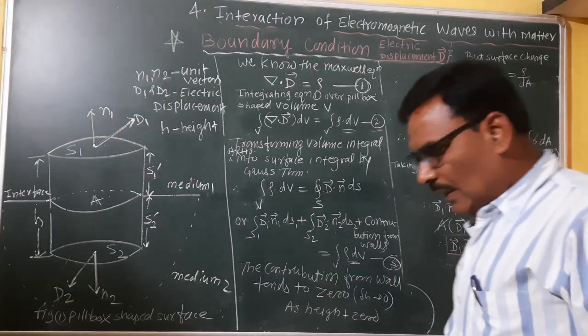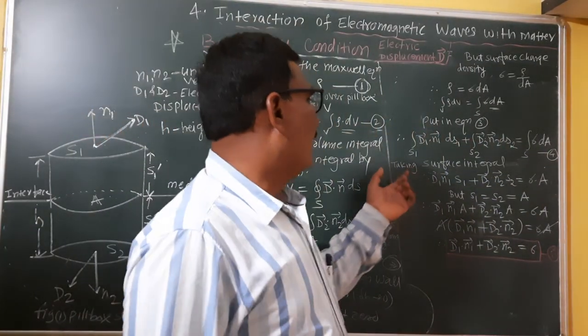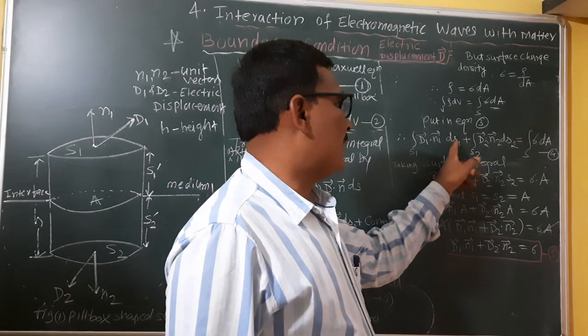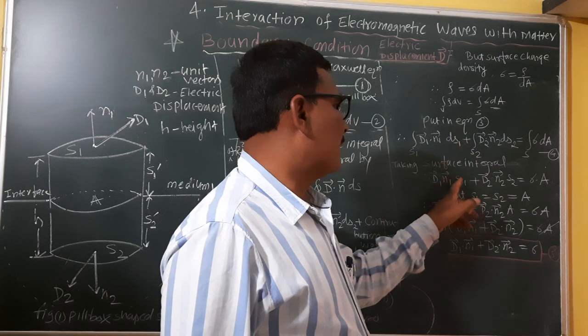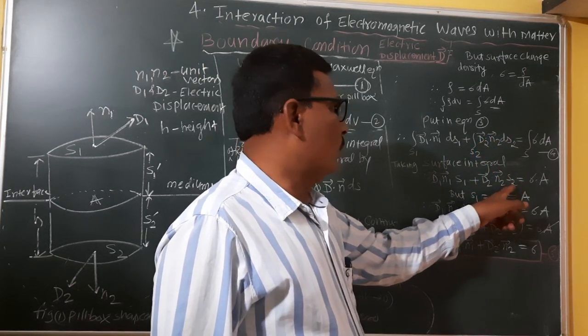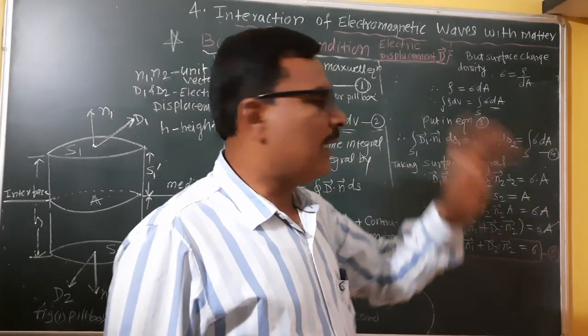Taking the surface integral on both sides, d1 bar and n bar, the displacement vector and unit vector, are constant. The surface integration of ds1 is S1, of ds2 is S2, and of dA is A.